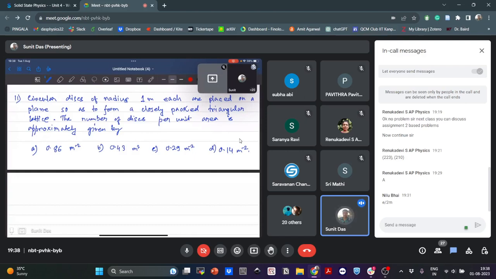Now we need to find the number of discs per unit area. Okay, so try to solve the problem. Meanwhile, I'm trying to draw the picture of this problem.